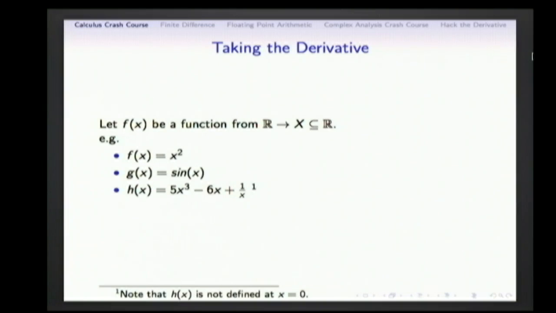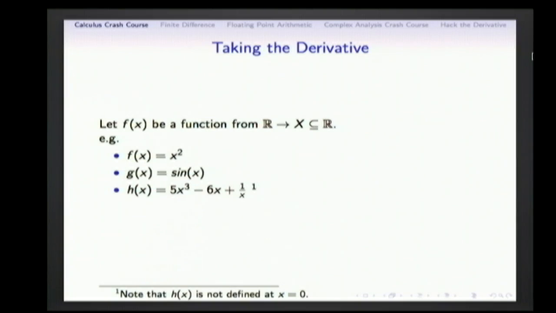All right, a little crash course. We're going to consider some function f. It's going to be a real valued function that maps from R into some subset of R, or maybe the full thing.